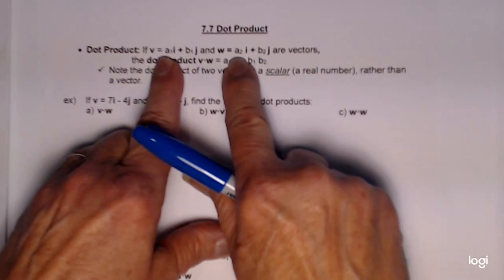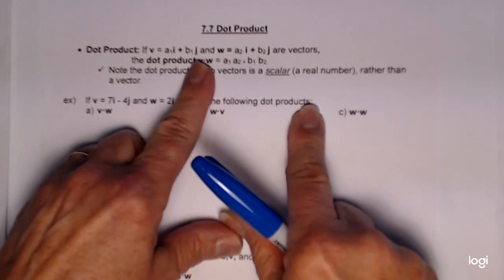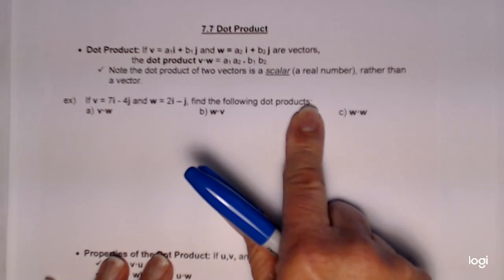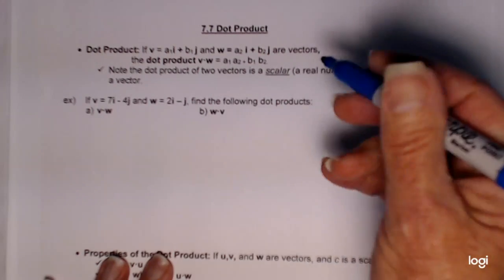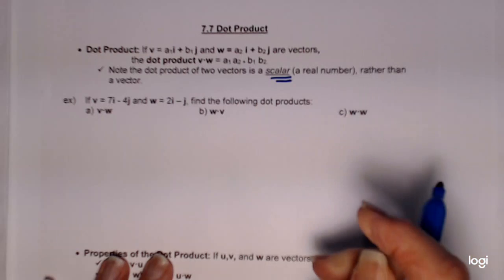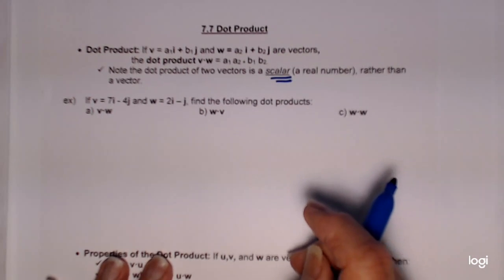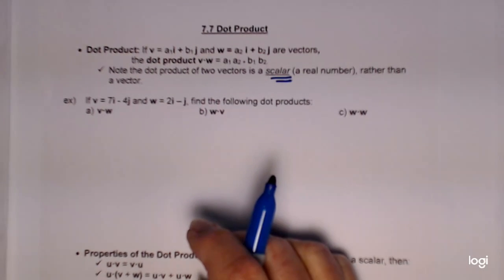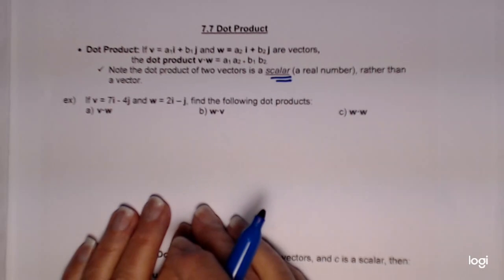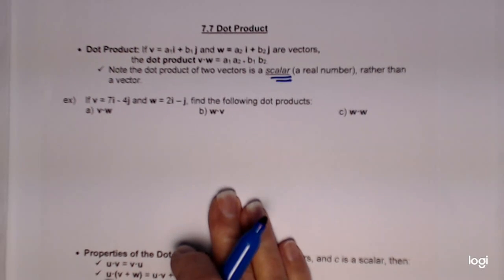So you multiply the i information, you multiply the j information, and then you add the results of those two multiplications. Note here that the dot product is a scalar quantity. That means it's a real number. It is not a vector. So we're going to be using vectors to find the dot product, but the answer is just a number. It's not a vector. As usual, we'll take a look at some examples on how we would find these.